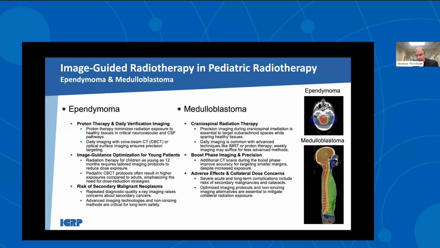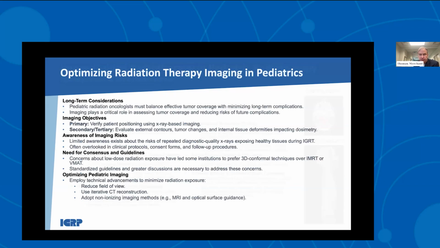And then finally, secondary malignancies and conditions like cataract formation are examples of risk linked to collateral radiation exposure. This also underscores the importance of optimizing radiation imaging protocols and exploring non-ionizing radiation imaging alternatives.